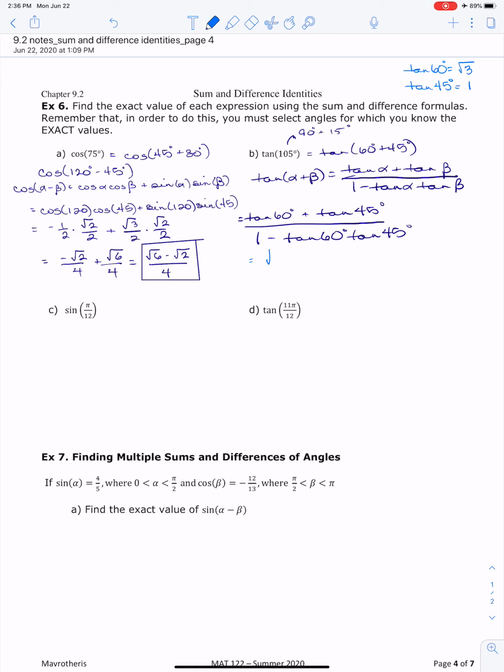So I've got tangent of 60 is square root of 3, plus the tangent of 45 is 1, all over 1 minus the tangent of 60, still square root of 3, times the tangent of 45, which is 1. And just so I'm consistent, rational number first, irrational number second. I get 1 plus the square root of 3, all over 1 minus the square root of 3.